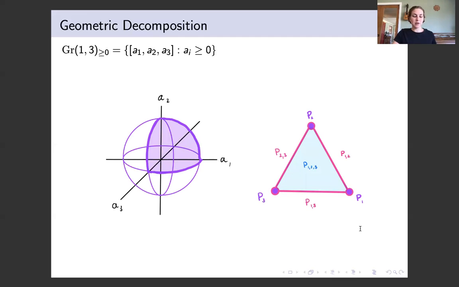However, we are only interested in the lines that contain totally non-negative points. And these lines are in one-to-one correspondence with the points in this purple region, where A1, A2, and A3 are all non-negative. And this purple region translates easily to a triangle, as pictured on the right.